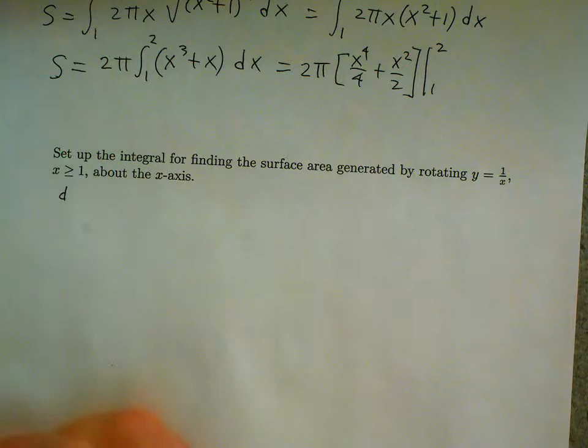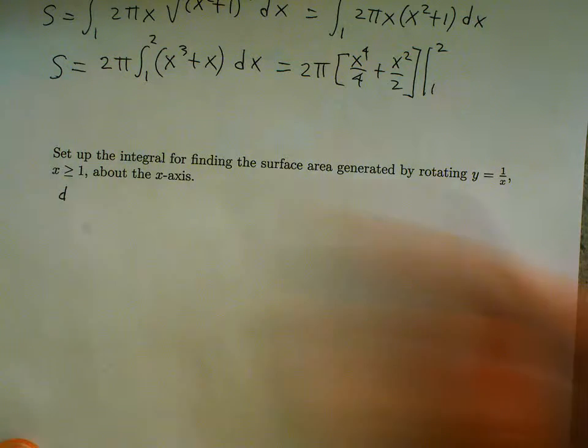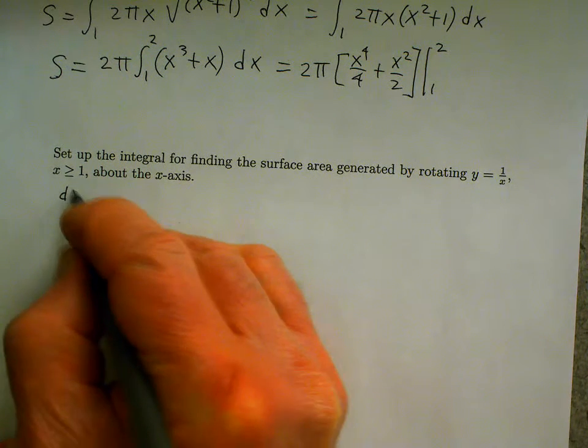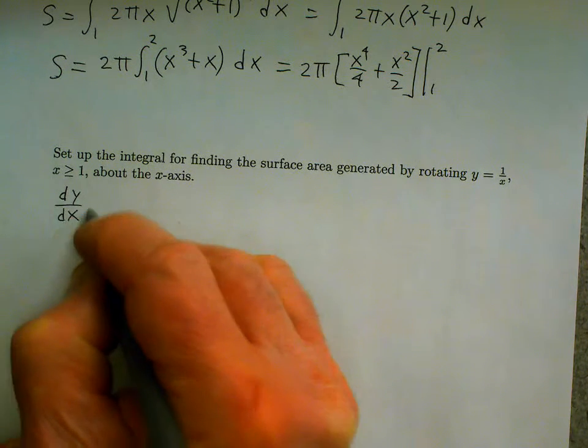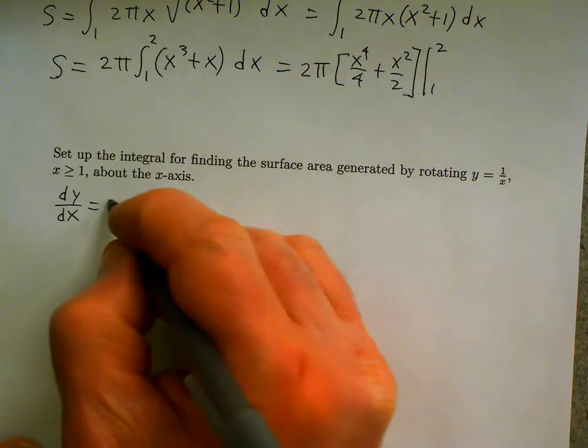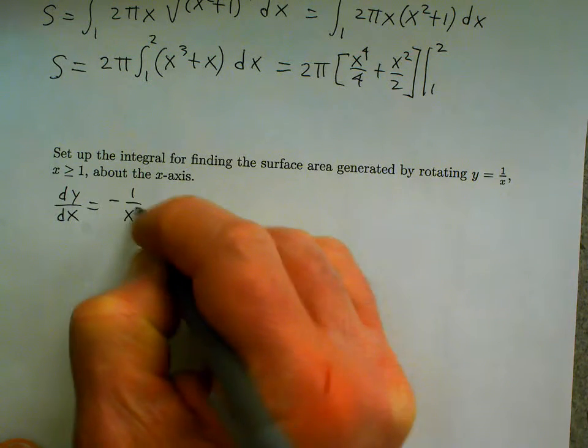Okay, we're rotating about the x-axis. So our f of x is equal to 1 over x. And we need to know the derivative. The derivative of 1 over x is negative 1 over x squared.